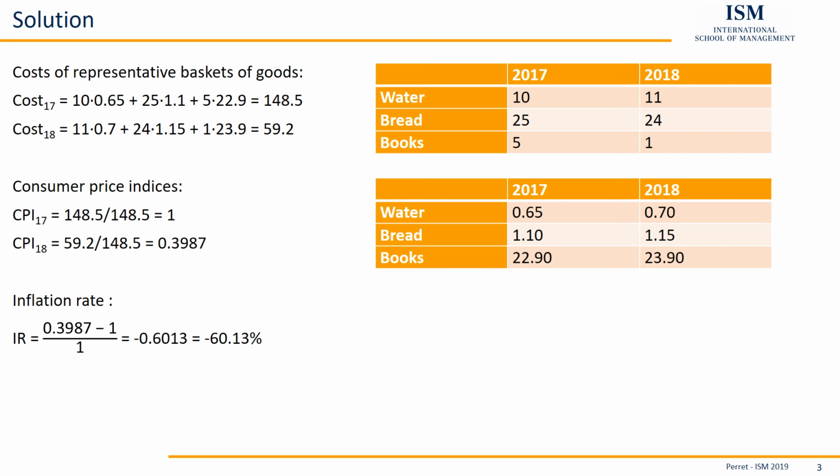We take the new value, 0.3987, minus the old value, 1, divided by the old value, 1. So we get an inflation rate of minus 0.6013, so minus 60 point something percent. So we actually have deflation, relatively severe deflation.